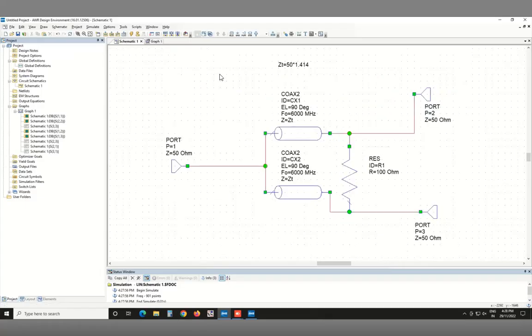And again, there are simple changes you could do. You could change this transformer into a multi-section transformer, because that's the only role it's playing, right? Its entire purpose is to give you the transformation you get from a lambda by 4 section. So if you do it in multiple steps, it should also work, provided you keep all the phases in match.